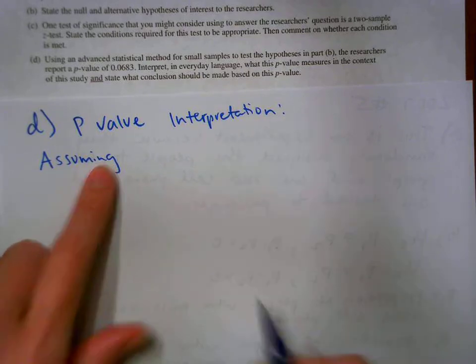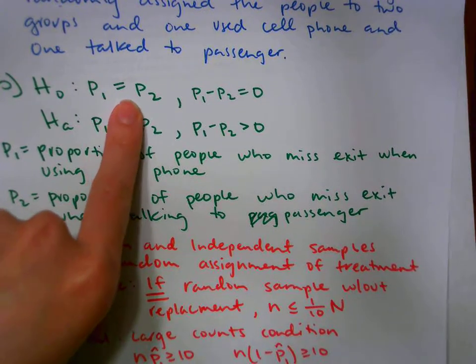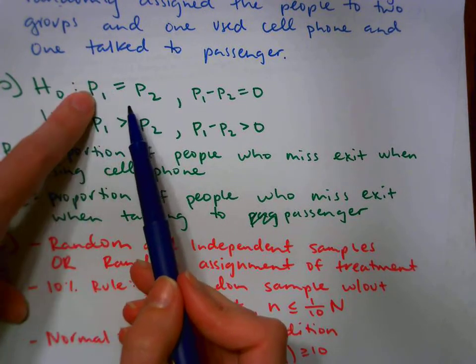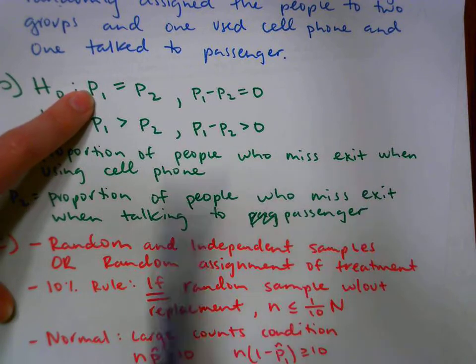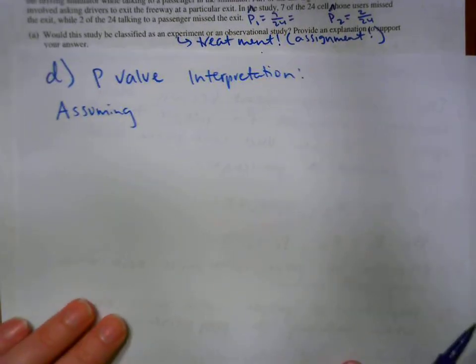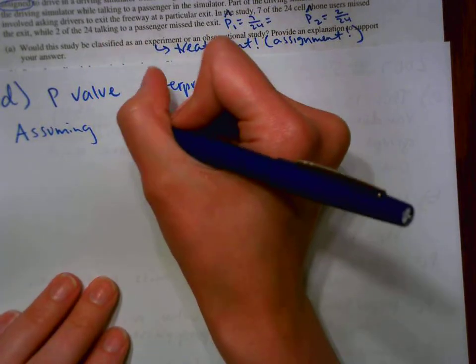So what is our null from part B? It's that p1 equals p2. Or another way to word that is that the proportion who missed their exit when using a cell phone equals the proportion who missed their exit when talking to a passenger. Or you could say that there's no difference. However you want to word that.